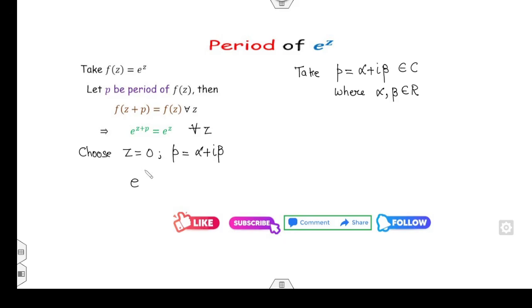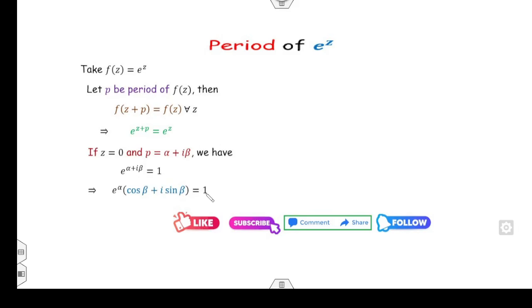So I can substitute: e raised to power alpha plus iota beta is equal to 1, or I can write it as e raised to power alpha times cos of beta plus iota sine of beta. Fine. Now you can equate the real and the imaginary parts. The real part: e raised to power alpha cos beta is 1. The imaginary part: e raised to power alpha sine of beta is 0.